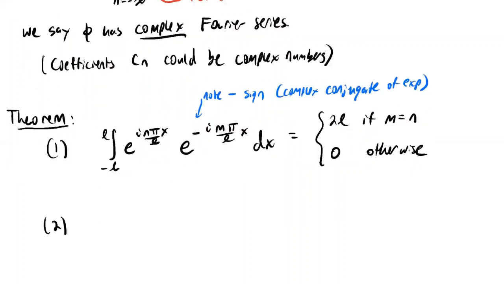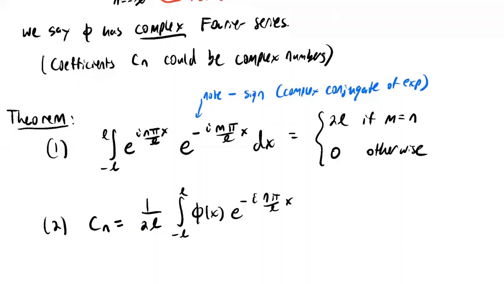And so the second part of the theorem is that for each n, I can write Cn as 1 over 2L times the integral from minus L to L of phi of x times e to the, again, notice it's going to be minus, e to the minus i n pi over L x dx. And again, notice that there's a minus sign here.